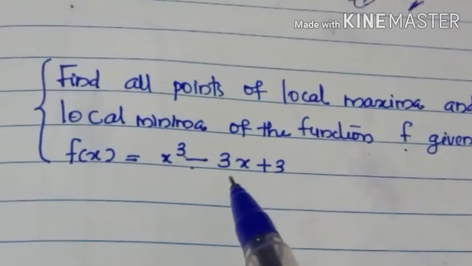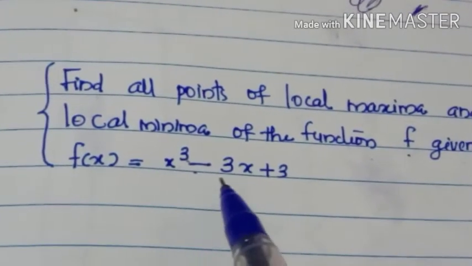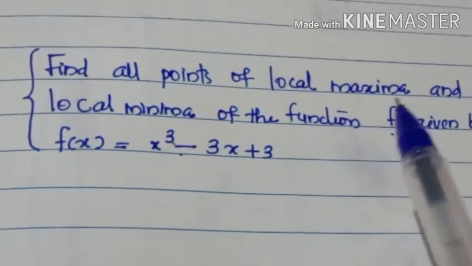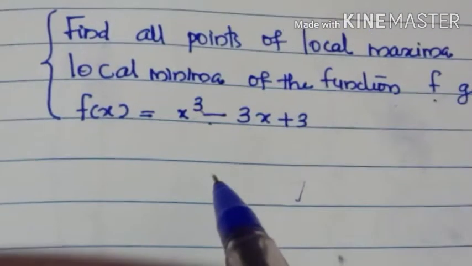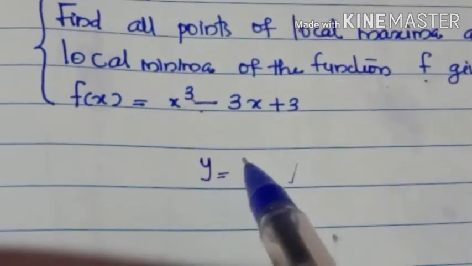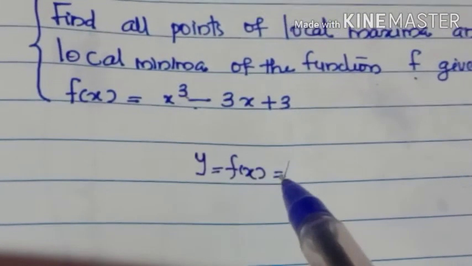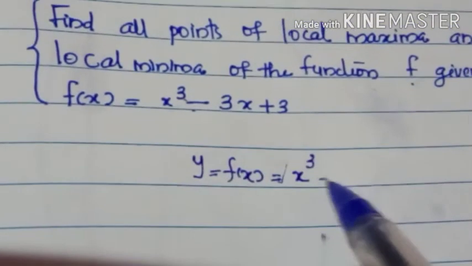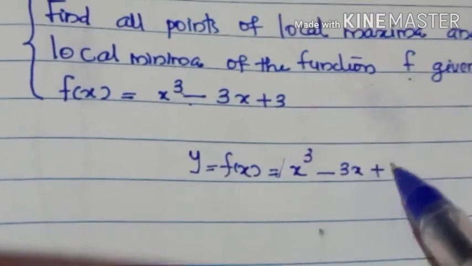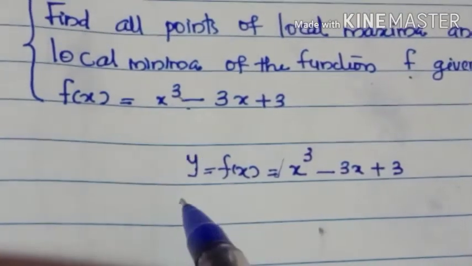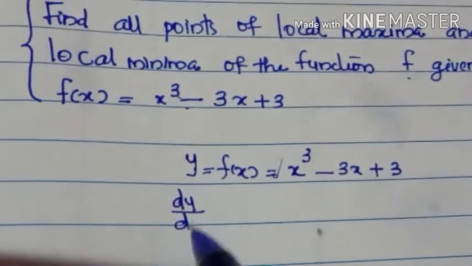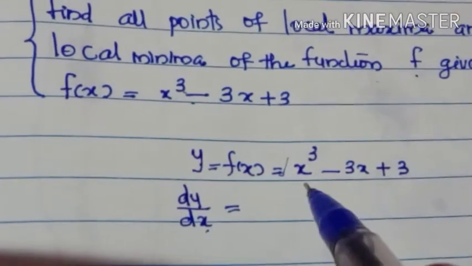Okay, let's start. Very easily we know the steps to find the local maxima and local minima. Let me write. First we have to write the given function y equal to f of x. What is f of x? x cube minus 3x plus 3. I have to differentiate this y with respect to x, that is, we are going to find dy by dx.